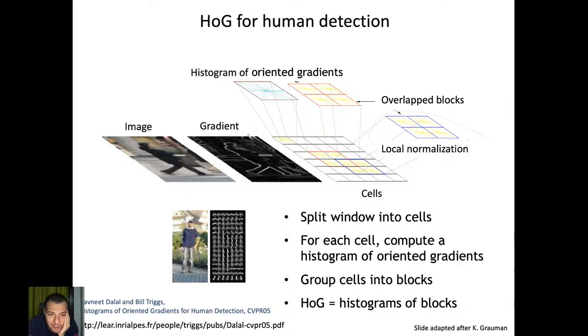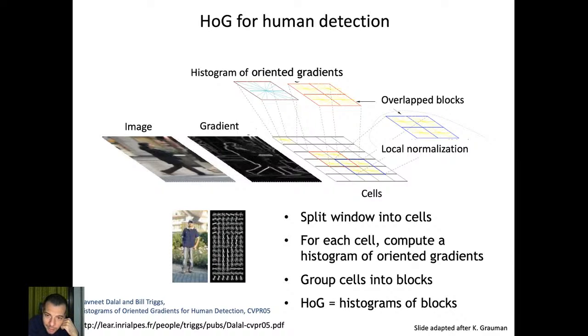So these are the basics that we need to know in order to compute the histogram of oriented gradients. So these descriptors can be used in the bag of visual words. This approach was proposed in 2005 by Dalal and Triggs as an approach for person detection.